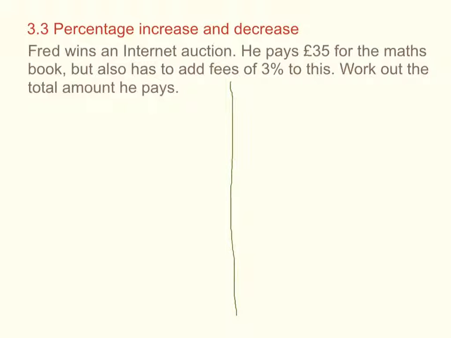The first way is to find 3%. So we did this in the previous lesson, so let's find 3% of £35. And hopefully you remember from last lesson, the easiest way to do this is on your calculator do 0.03 multiplied by 35.